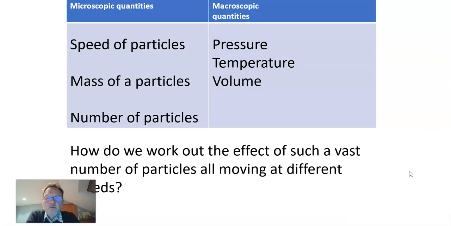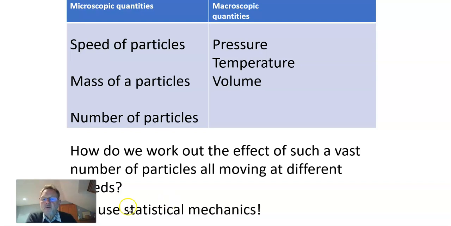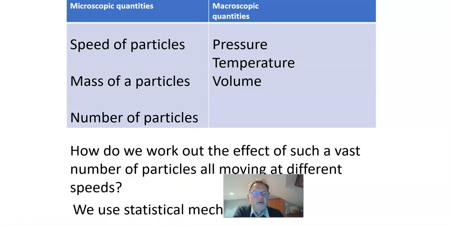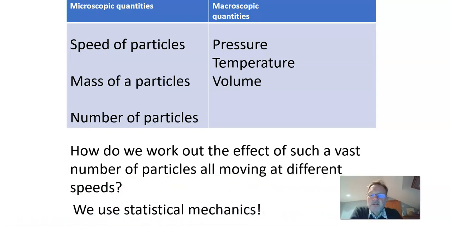We are going to be using what we call statistical mechanics. Statistical mechanics is taking large numbers of particles and averaging their speeds and treating them in a statistical way rather than individual particles.